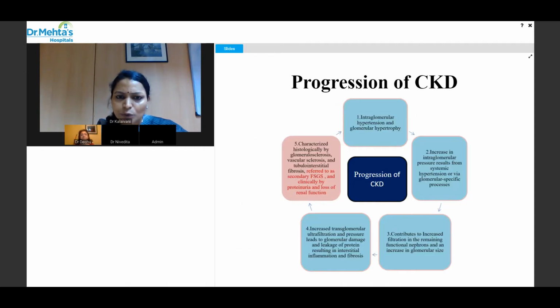As already discussed, in the progression of CKD you have intraglomerular hypertension and glomerular hypertrophy, which cause increased intraglomerular pressure, which results in systemic hypertension via glomerular specific processes, which contribute to glomerulomegaly. Finally, in any child having CKD, if you biopsy them, you will find a histological picture of glomerular sclerosis, vascular sclerosis, and tubulointerstitial fibrosis, which is referred to as secondary FSGS. And clinically, they would have proteinuria and loss of renal function.